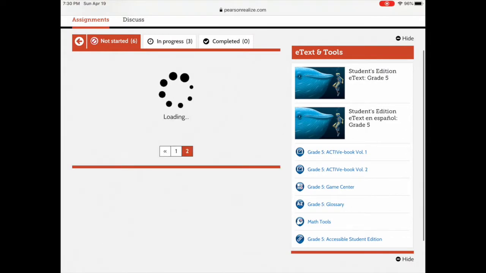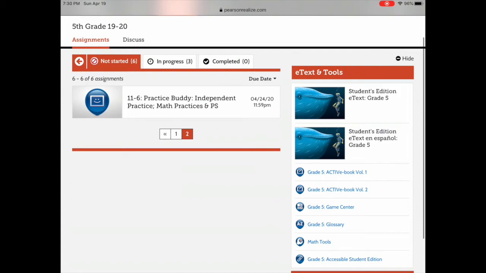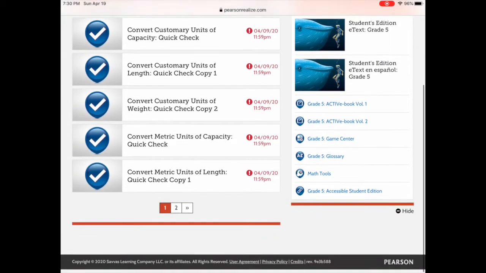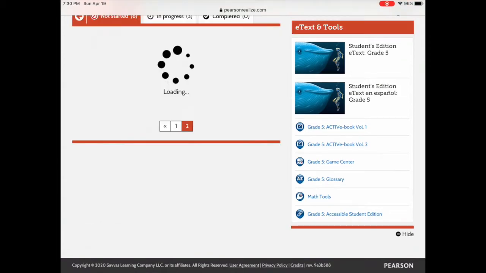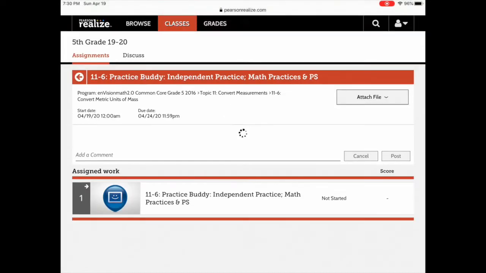So it is your independent practice of 11.6. You could see that for me, it turned up on page 2. So make sure that you know what page you're on. Again, for me, it was page 2. I didn't see it on page 1 because I haven't closed all these out. You could definitely close these out. And you're going to be doing Practice Buddy 11.6.